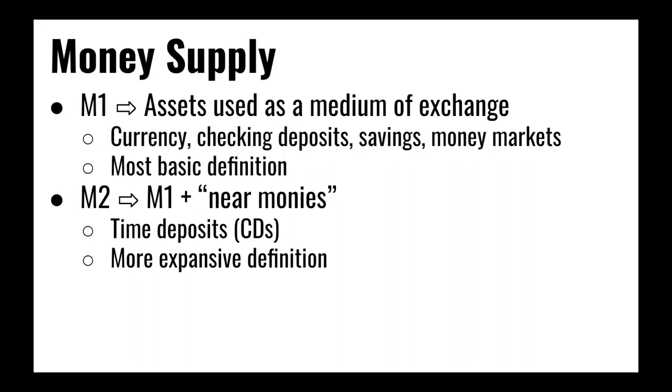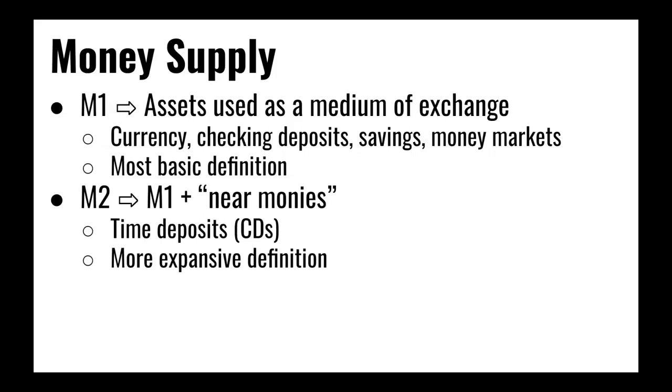And then we have what's known as M2, which is all of those plus what are known as near monies. That is, assets that cannot be used for the purchase of goods and services right now, but can be converted into currency or a checking deposit relatively easily. So time deposits, or what we call certificates of deposit, are near monies.